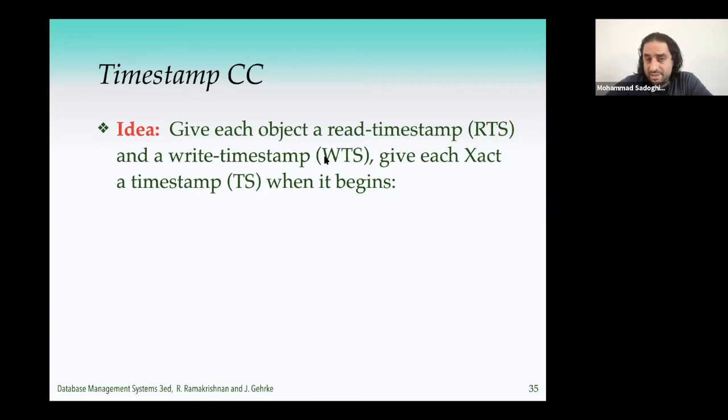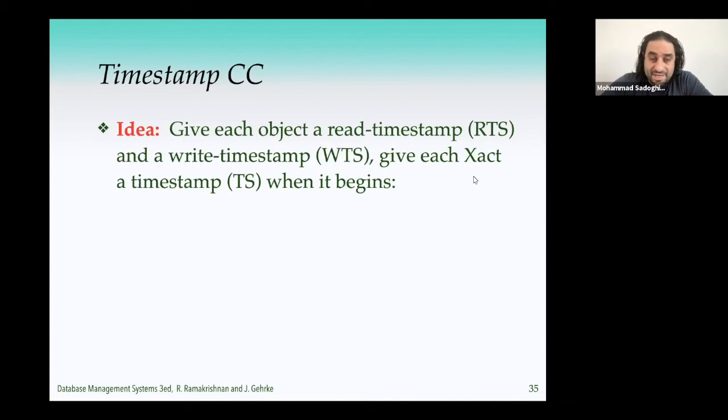The write timestamp is the timestamp of the transaction that wrote the object, and the read timestamp is the timestamp of the last transaction that read the object, or the transaction with the highest timestamp so far that has read the object.